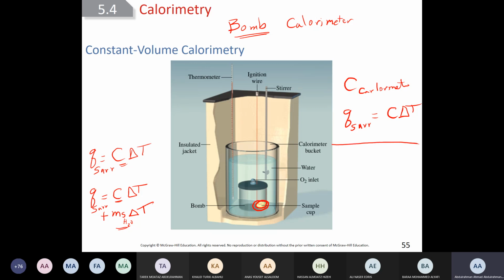Next, if I say you have C of calorimeter and there are 200 grams of water inside, then what's Q?